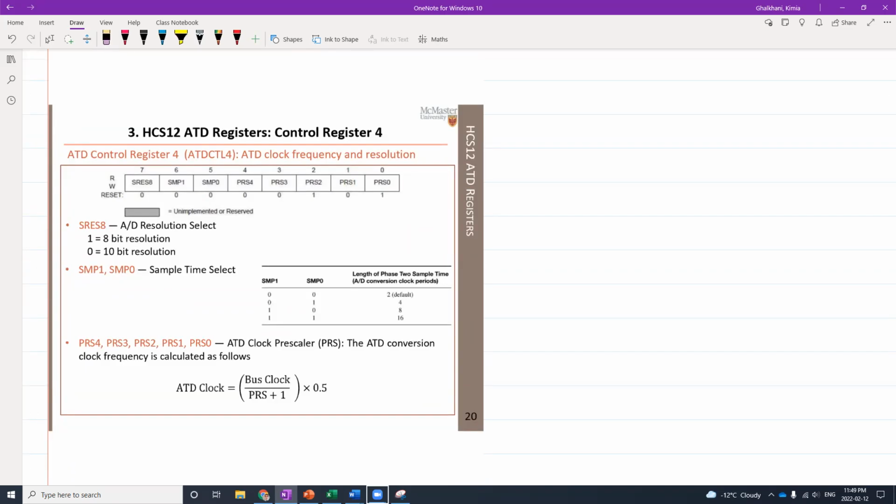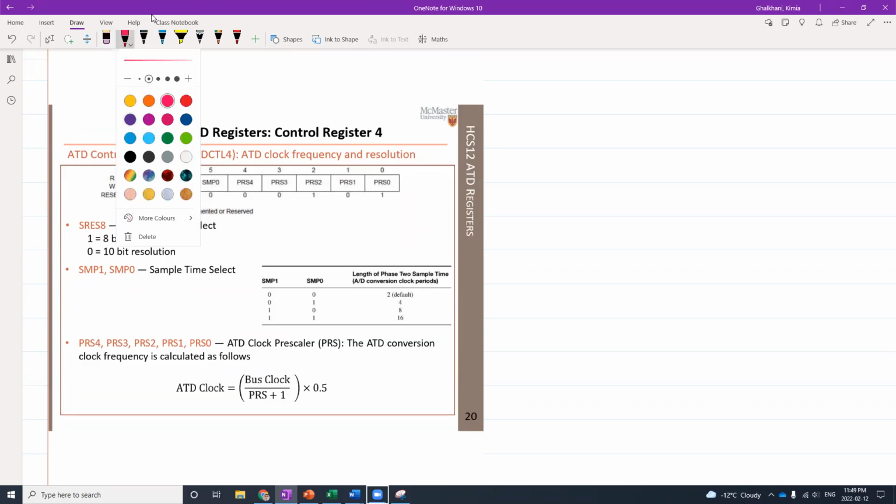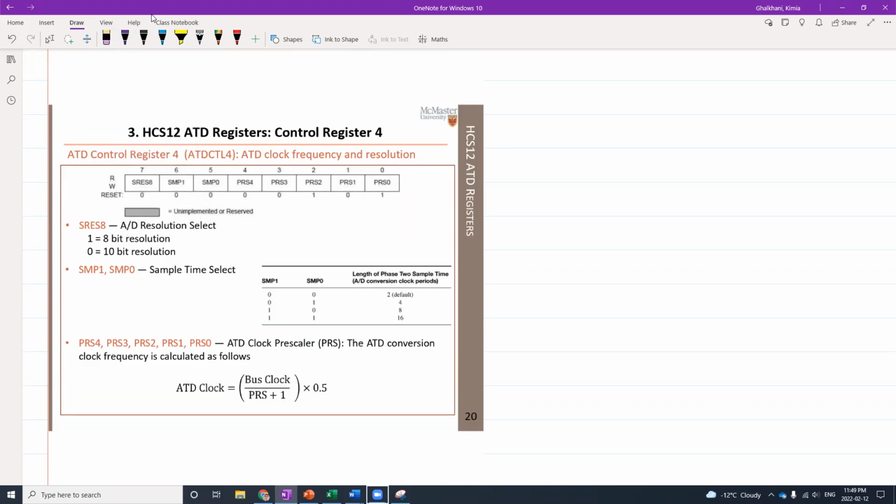Now, as we saw in the lab, we also have control register 4, and we did a lot of practice with this control register. So this is about the resolution, right? This is going to show you the resolution. Each bit of this register is going to do something.